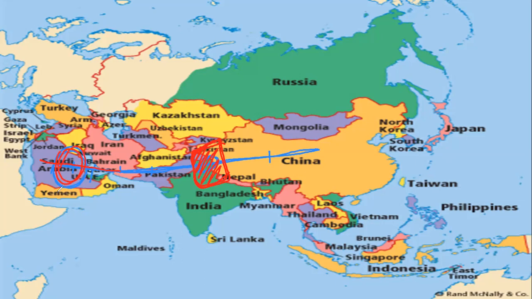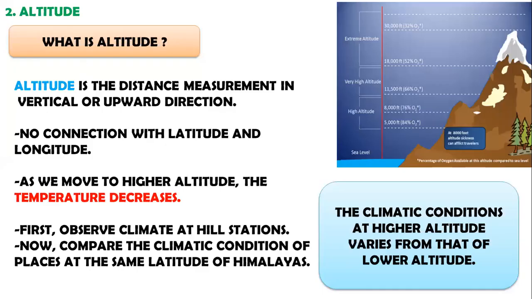Why? Because it is situated at a higher altitude. So the climatic conditions at higher altitude vary from that of lower altitude. This is how altitude affects the climate of an area, and it is a very important factor as well.